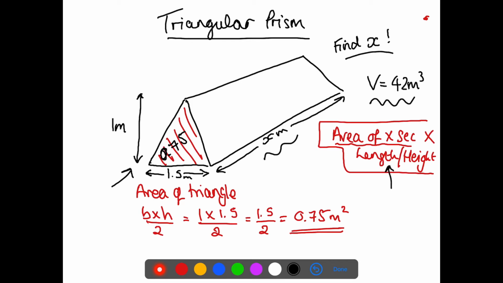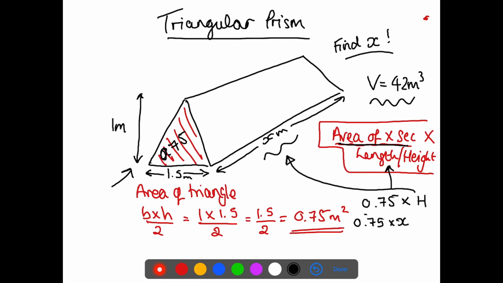So now, looking at our formula, we know that the area of our cross section is 0.75. I must times that by the height of my shape in order to find the volume. And I know that my shape is x.